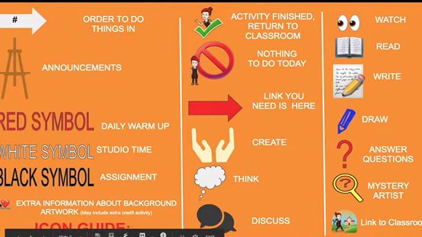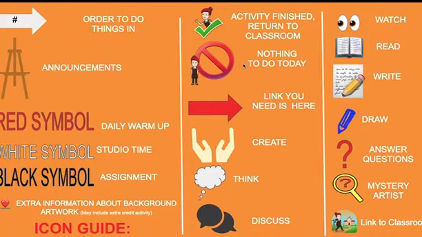So you're going to notice that there's this little tiny heart, usually in the top right hand corner, and this is extra information about the background artwork. This may also include an extra credit activity that you may do. If you see this little icon at the bottom, usually I'll try to put it in the bottom right hand, this is if you finished that activity and you want to return back to the classroom.